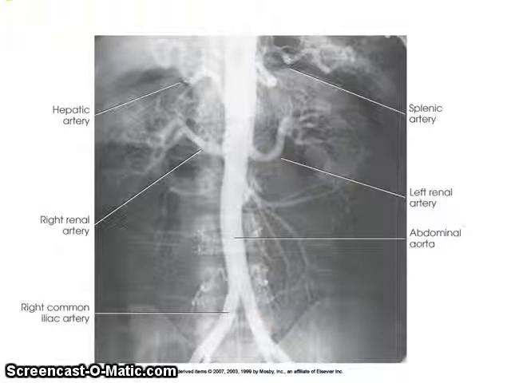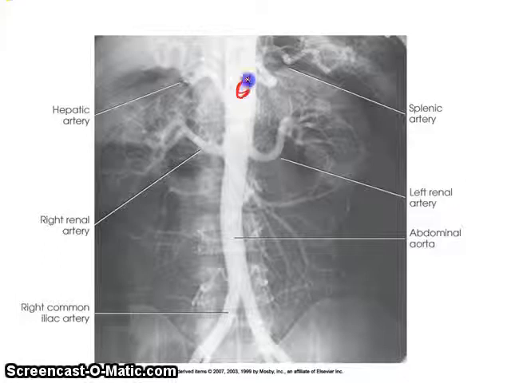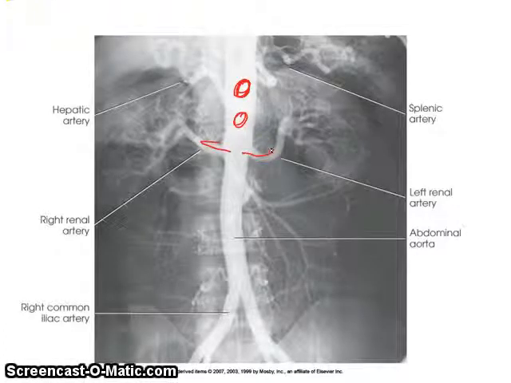So those renal arteries, again, we've got the abdominal aorta here, and the abdominal aorta has a ventral branch, which is the celiac artery. Then the next ventral branch is the superior mesenteric artery. Then you have the right renal and left renal. Those both go to the kidneys.